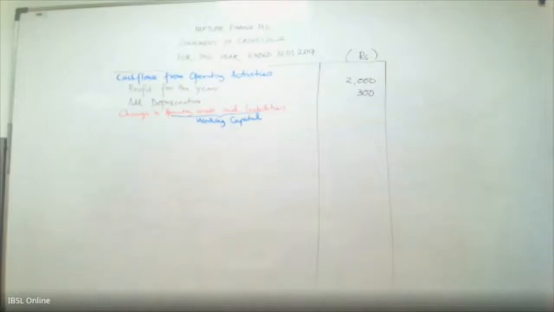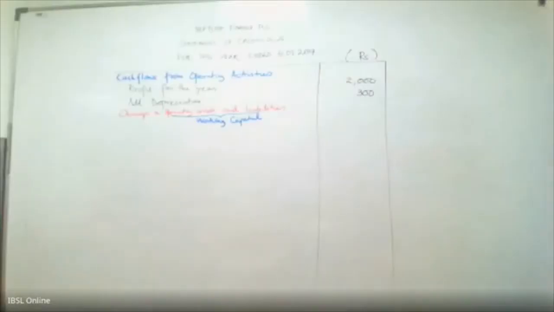Now you are going to tell me how the changes have taken place in current assets and current liabilities. So for that, first you have to identify the current assets and current liabilities. What are the current assets? Let's go one by one. Cash balance. Debtors. What has happened to debtors? Debtors have decreased.